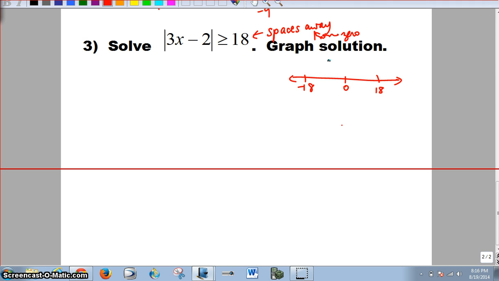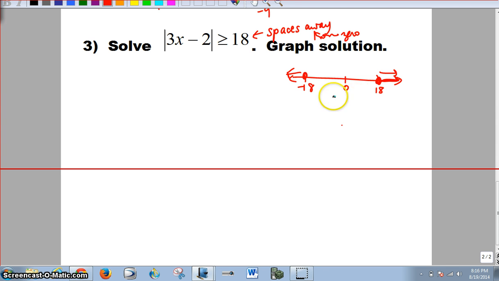More than 18 spaces away from 0 is on the right side of 18, but we're going to include 18 this time because it says greater than or equal to. So anywhere on this side of 18, and anywhere on this side of negative 18 is more than 18 spaces away from 0.